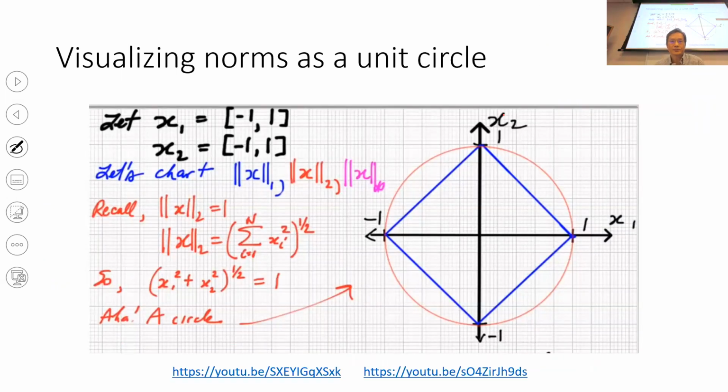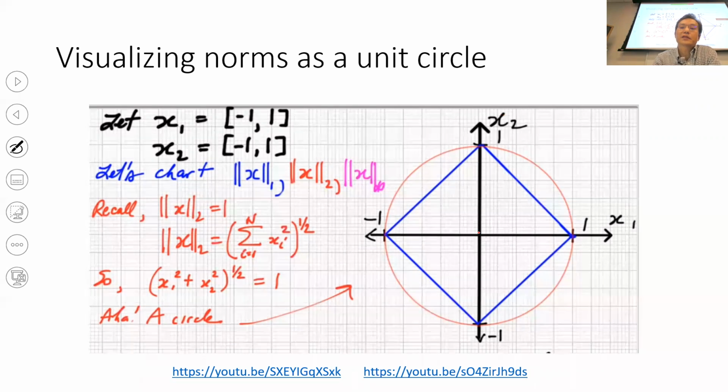So if you put the unit circle and this unit square onto the same coordinates, then you have this. Just remember this for now, because we are going to use it for the parameters.